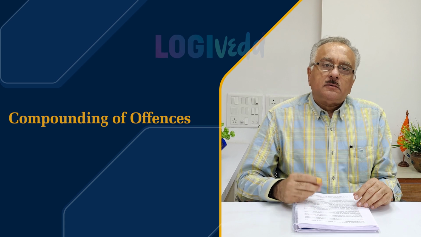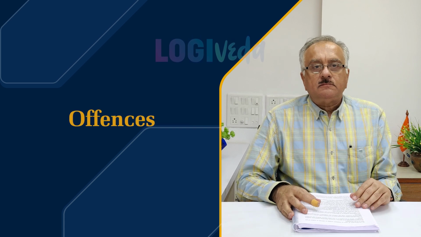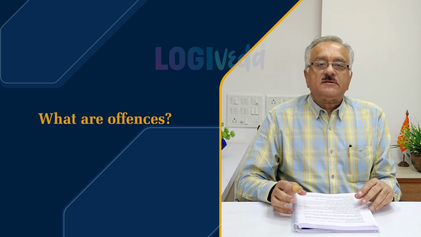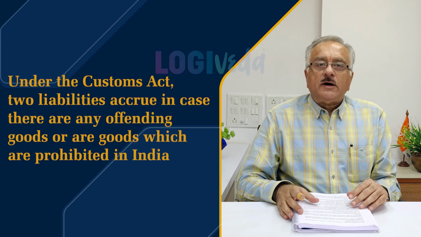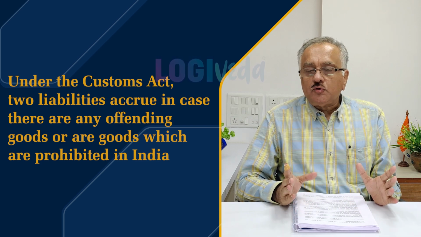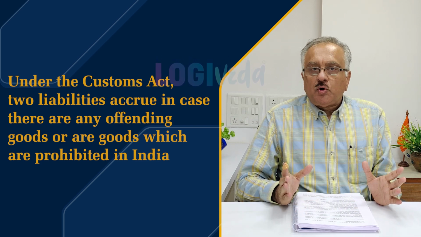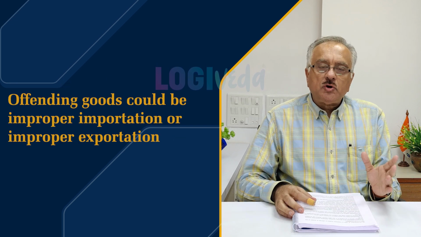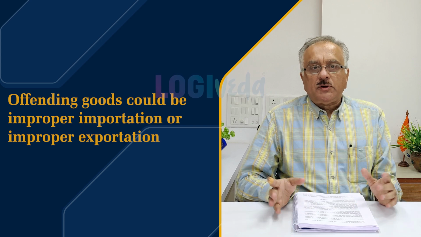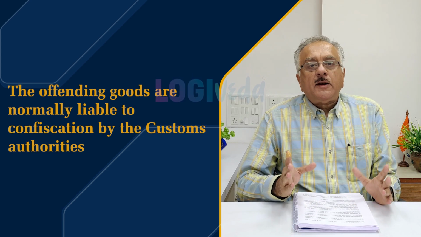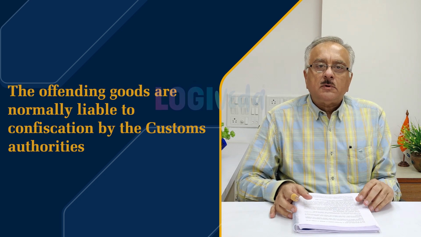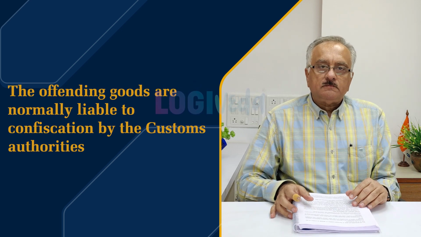Since this topic has the word offences, let me first give you a background note on what are offences. Under the Customs Act, two liabilities accrue in case there are any offending goods or goods which are prohibited in India. Offending goods could be improper importation or improper exportation, and the offending goods are normally liable to confiscation by the custom authorities.